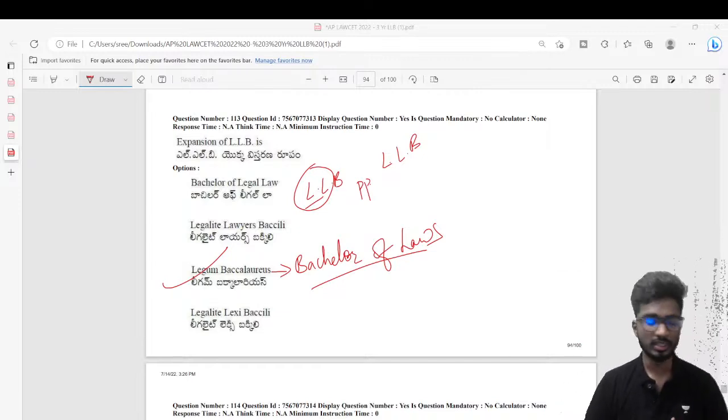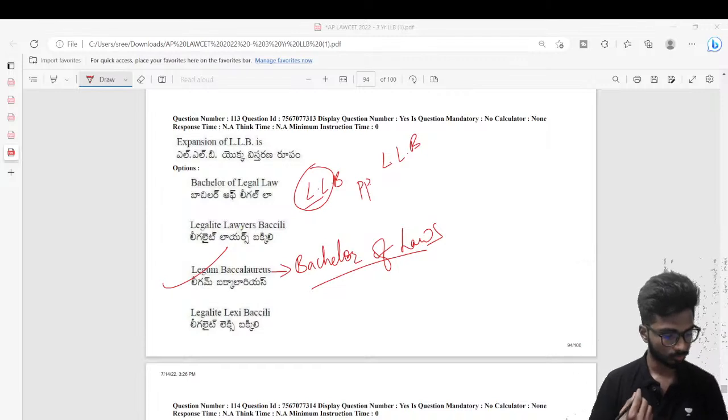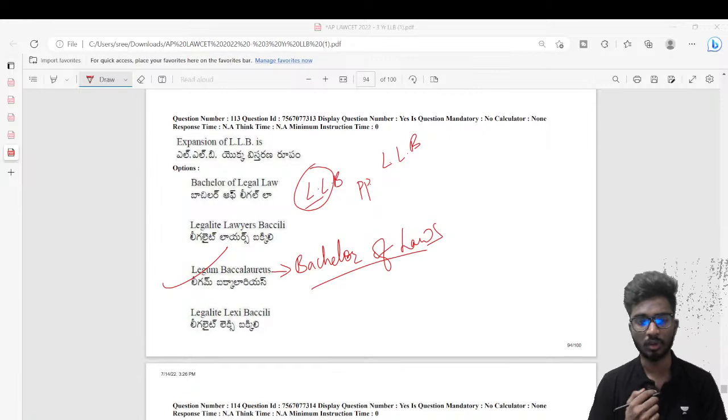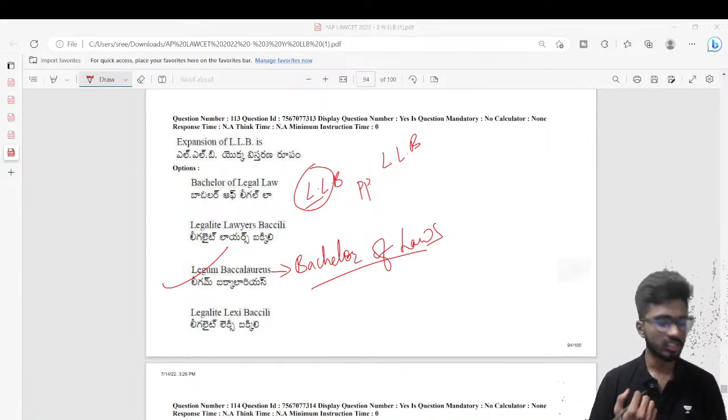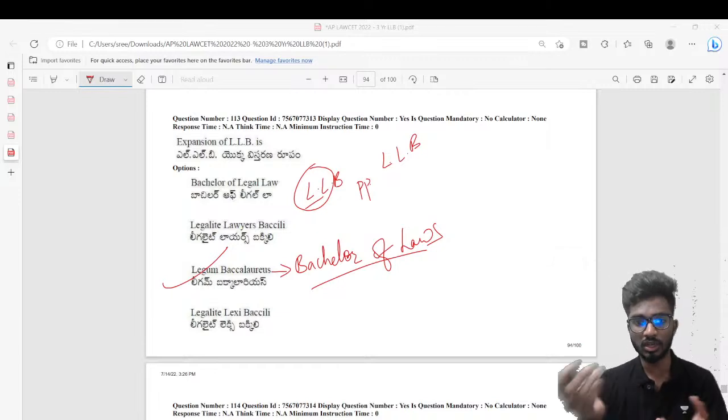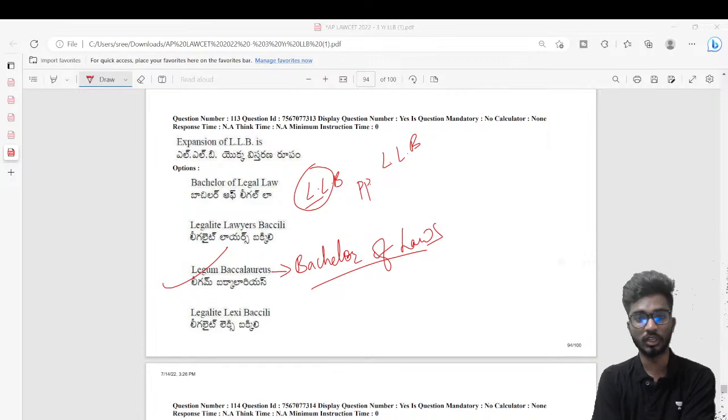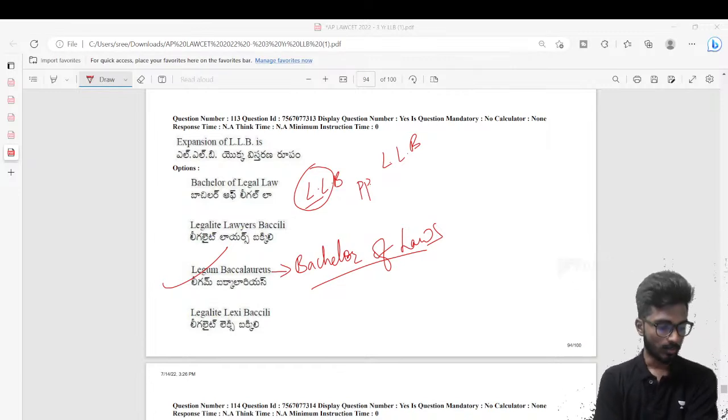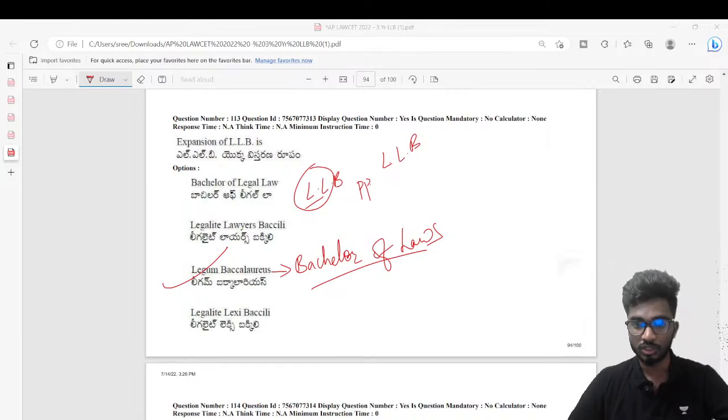Legum is a Latin phrase, Aishwarya. No, it is not Bachelor of Legislative Law. What is legislative law? Legislative law is a law made by Parliament, right? Then what about the Constitution? The Constitution is not a legislative law, because it is made by the Constituent Assembly, which is a public law.